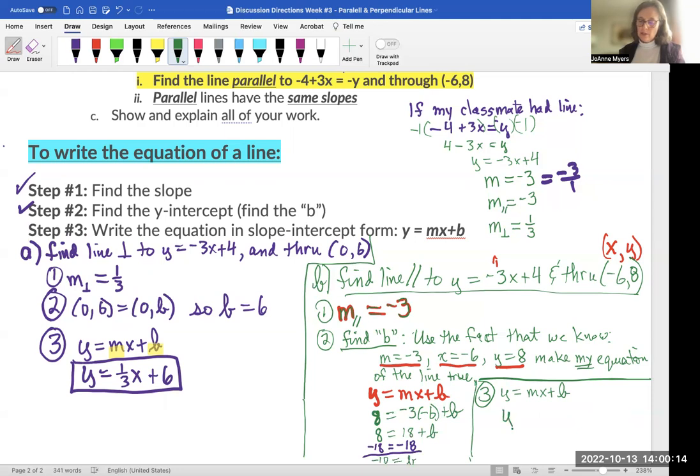So my equation is y equals negative 3 times x plus a negative 10. Well, in real life, I'm going to write that as y equals negative 3x minus 10. And that would be my answer.